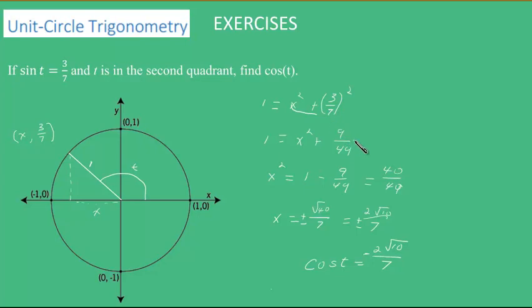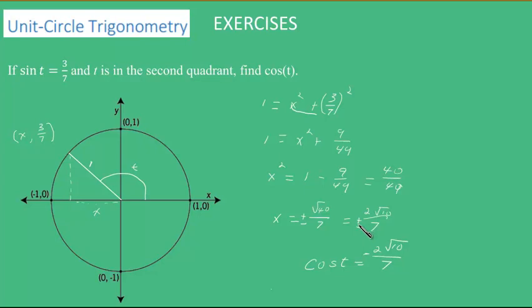And so this becomes 9 over 49. So we simply isolate x squared, and this becomes 1 minus 9 over 49, which becomes 40 over 49. That's then going to be, x is going to be plus or minus the square root of 40 over 7. That's plus or minus 2 square root of 10 over 7. So the square root of 40 is the square root of 4 times 10. The square root of 4 is 2. That's how we got this.